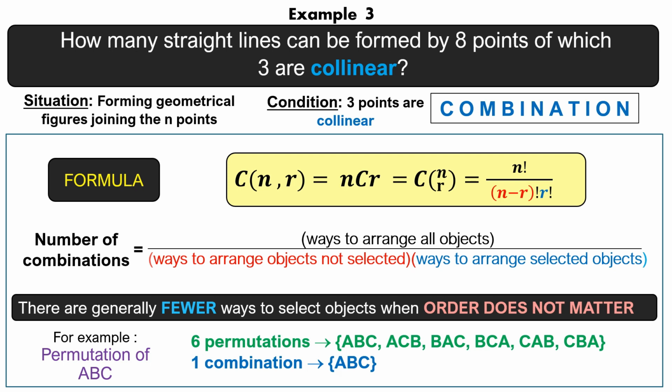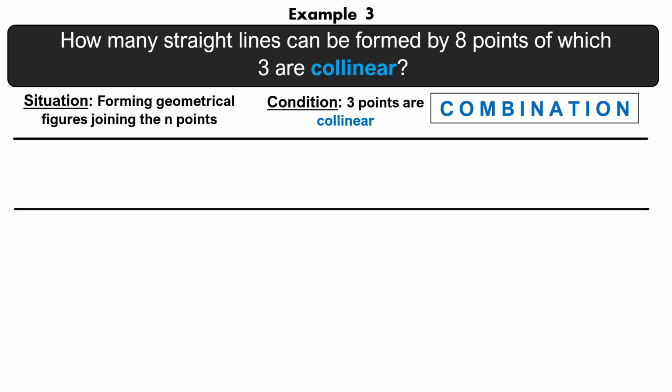Why only one? Since di importante yung order of arrangement kay combination, ABC is the same as ACB and the likes. Kaya counted as one unit na lang siya because they have the same group of letters. Okay, let us go back to the problem.